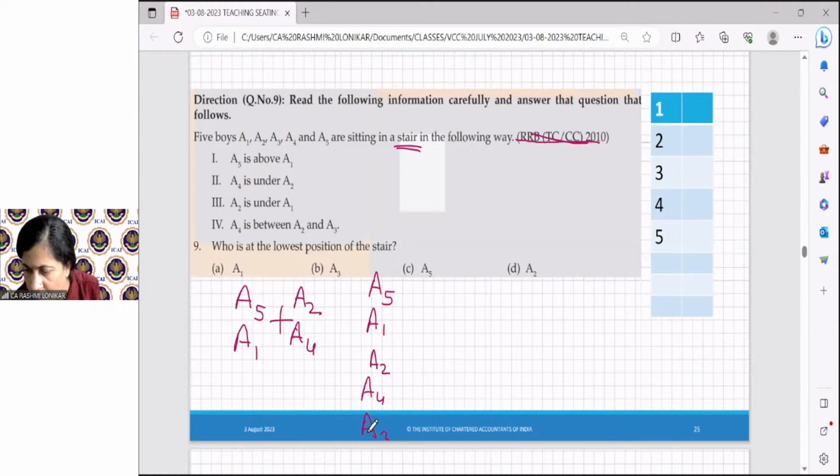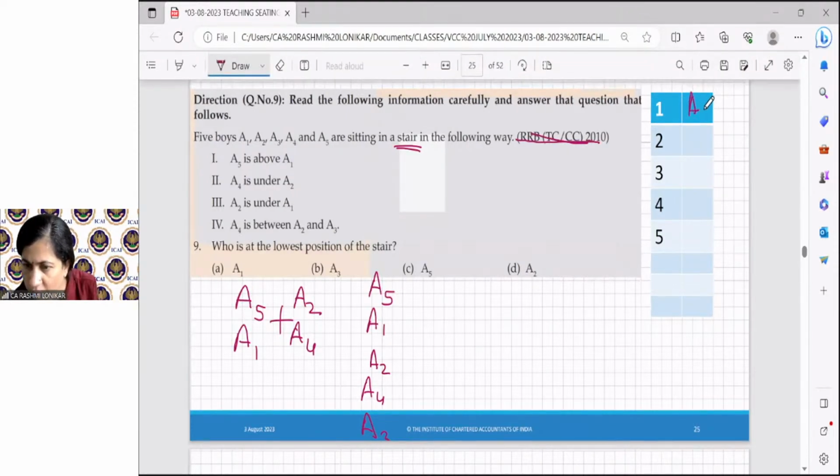Is that clear? So what will be the position? A5, A1, A2, A4 and A3. So who is at the lowest position on the stairs? The lowest position on the stairs is A3. So B will be the correct answer.